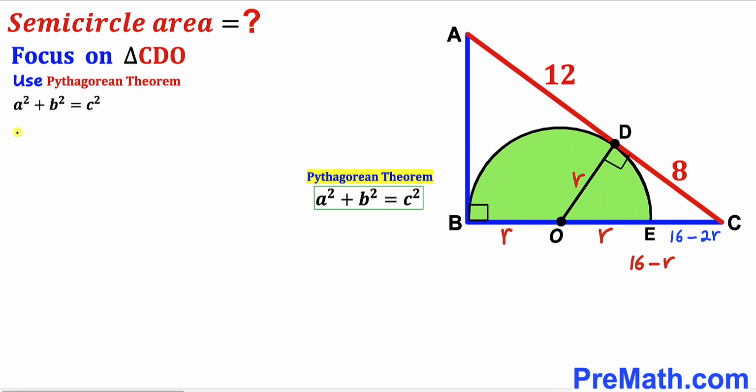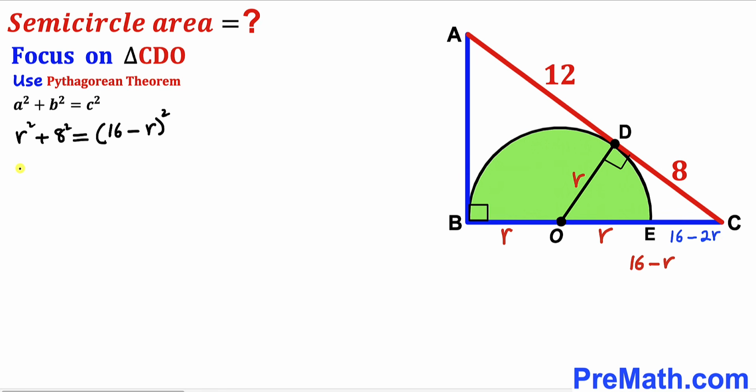So we have r square plus 8 square equals 16 minus r, whole square. Let's simplify. That gives us r square plus 64 equals, and now let's recall the identity: a minus b whole square equals a square minus 2ab plus b square.